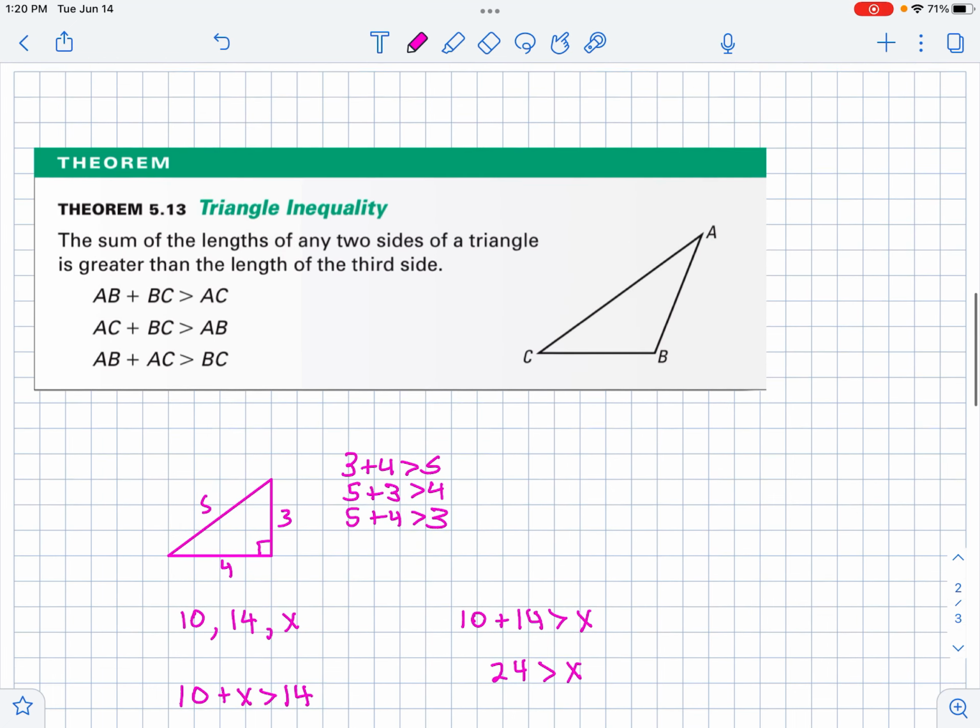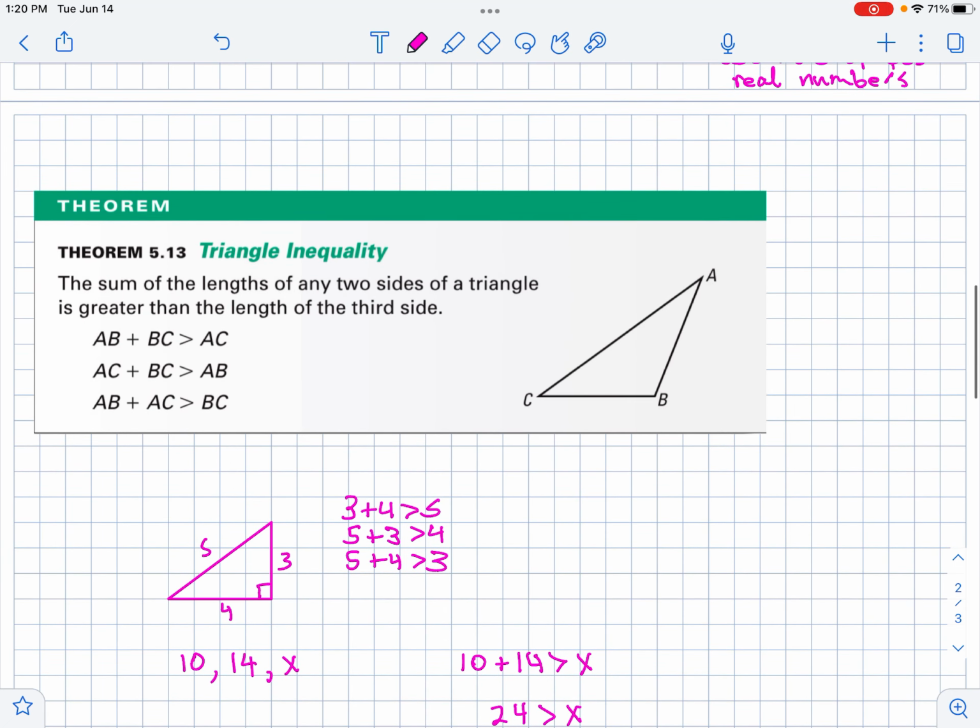Now, if you have a situation where this triangle inequality doesn't hold, then if you try to sketch out this triangle, it won't work. So for example, let's do 1, 10, and 2. Let's suppose you have a triangle with those sides.